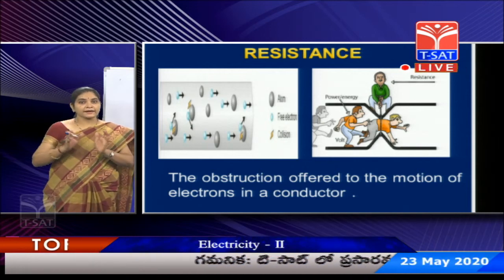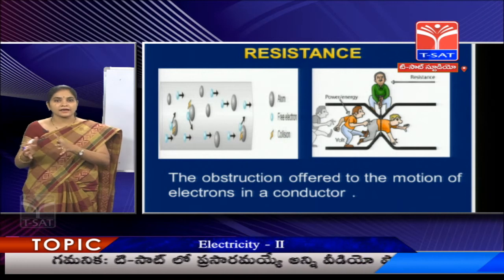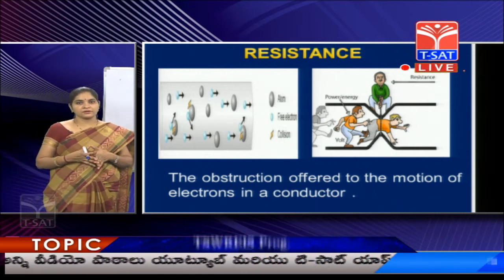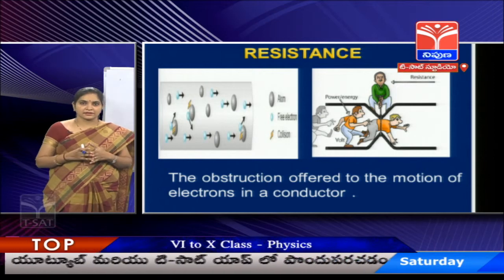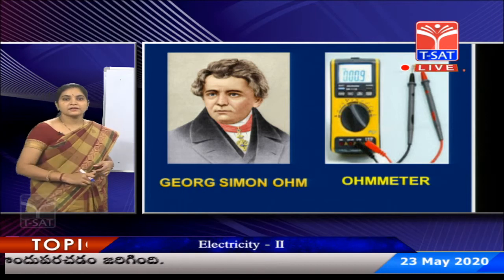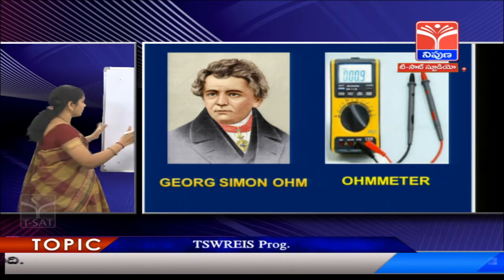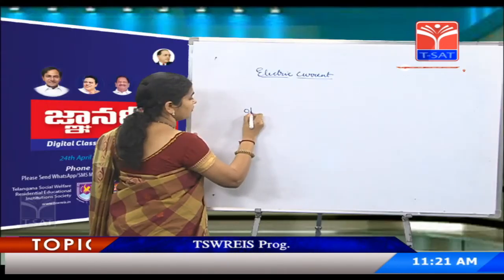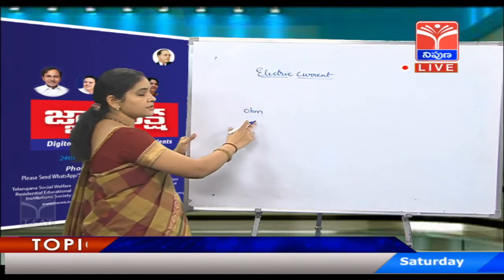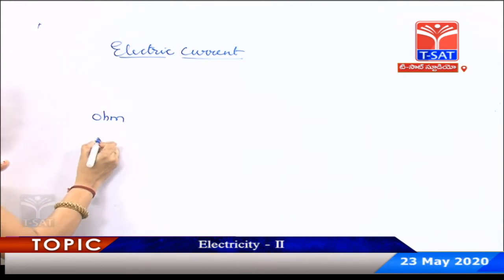So we can define electric resistance as the obstruction offered to the flow of electrons. Resistance is measured in ohm. It is denoted by the symbol omega.